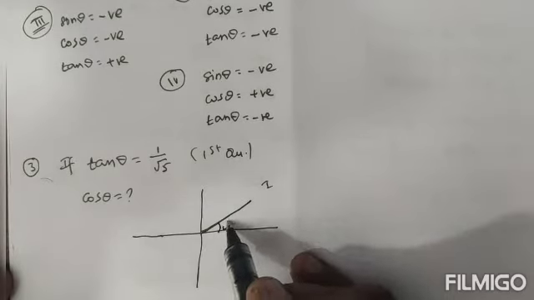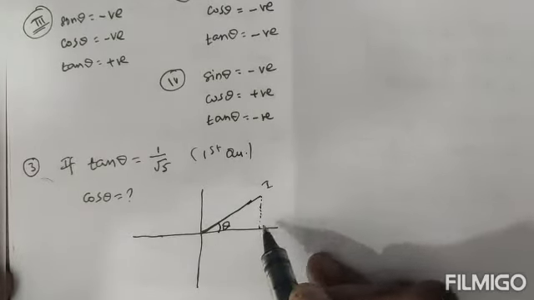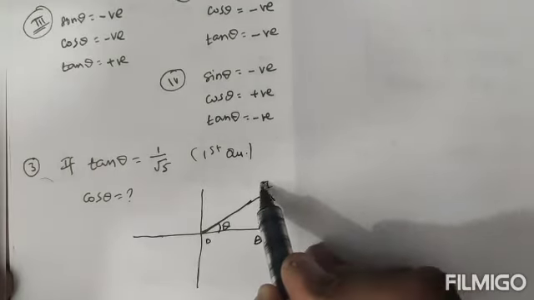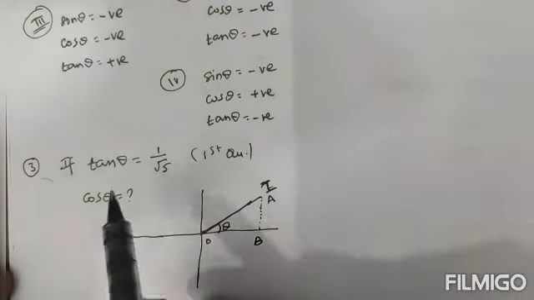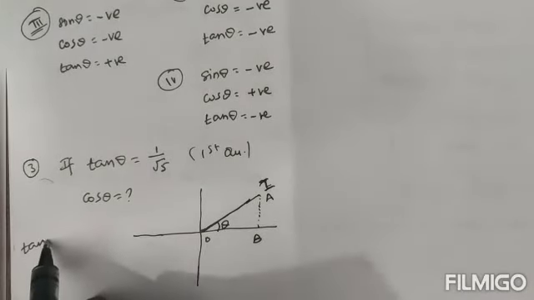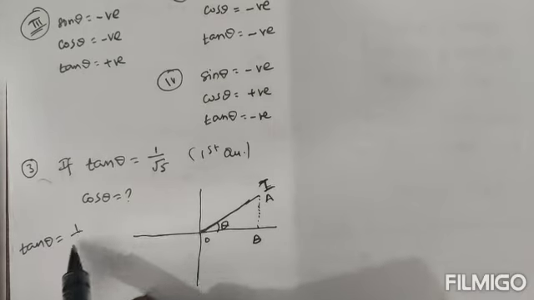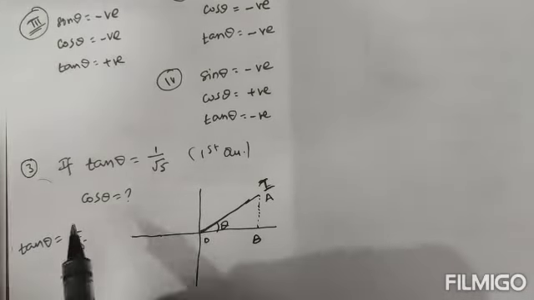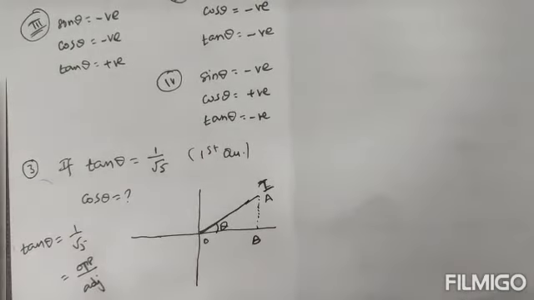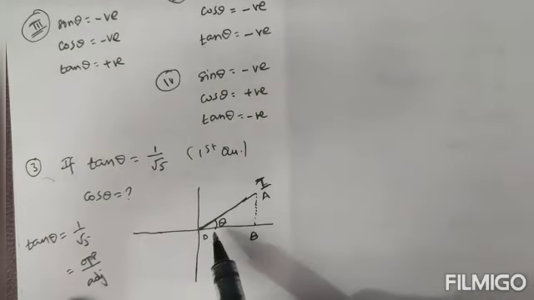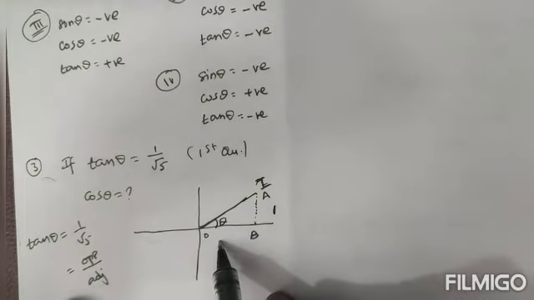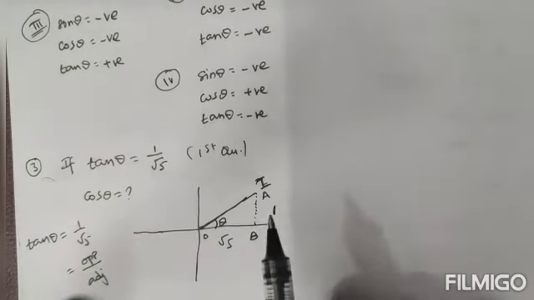Let us imagine this is theta, with triangle O A B. The tan theta value is given as 1 by root 5, and tan theta is opposite divided by adjacent. So the opposite value is 1 and the adjacent value is root 5. So this is a right triangle.